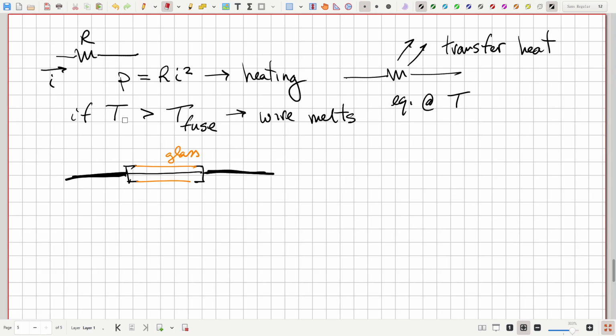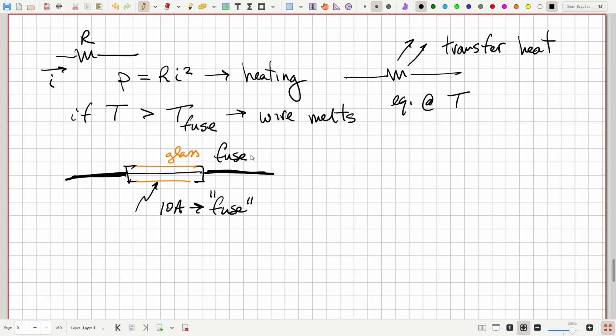And so this then, let's say at 10 amps, that little wire's equilibrium temperature will be above its melting temperature and it'll burn out. Causes that to fuse. Well, then we call that a fuse.